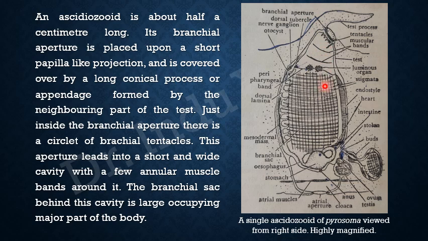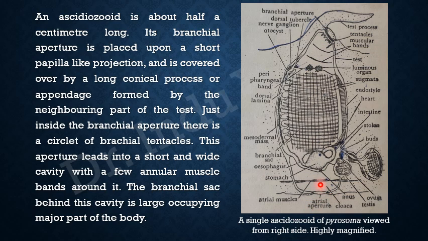So this axis, which is passing through the body from the anterior to the posterior point, is the antero-posterior axis. The antero-posterior axis of the animal is at right angles to the surface of the colony. This is the surface of the colony, and this is the antero-posterior axis.